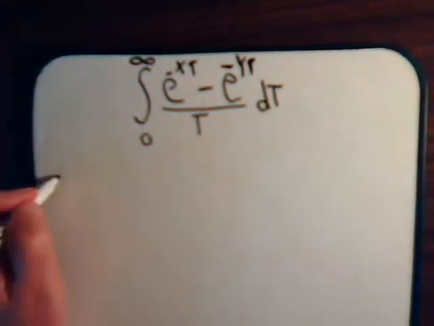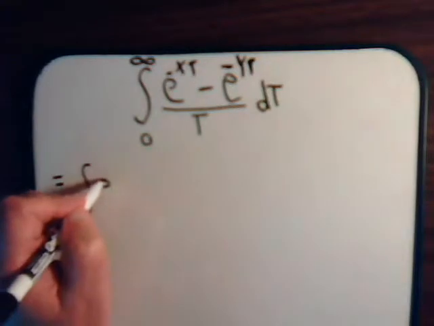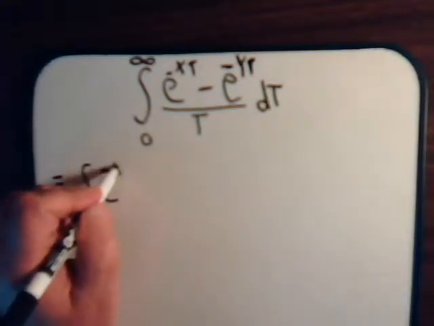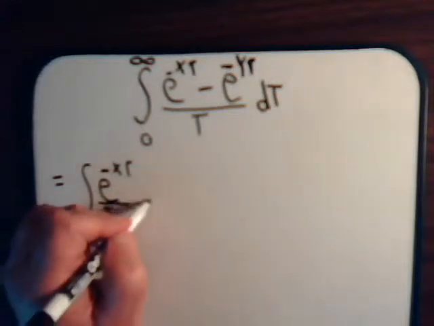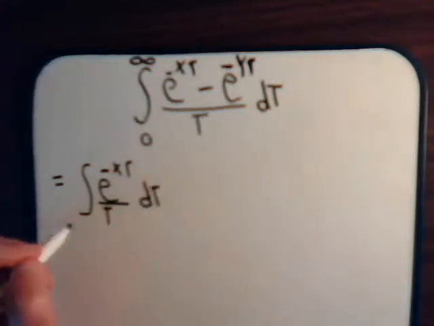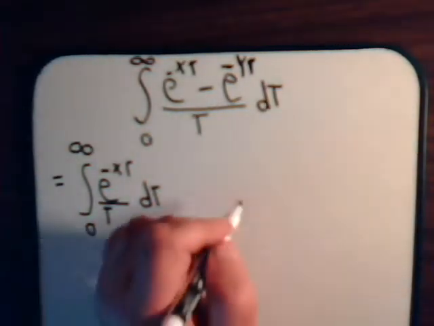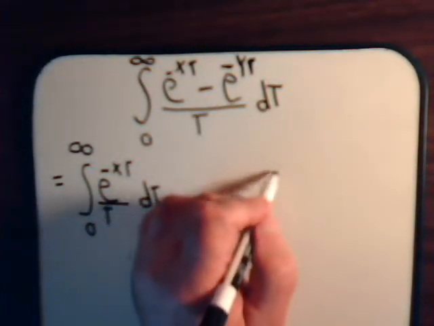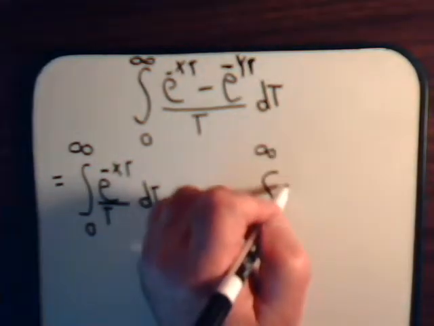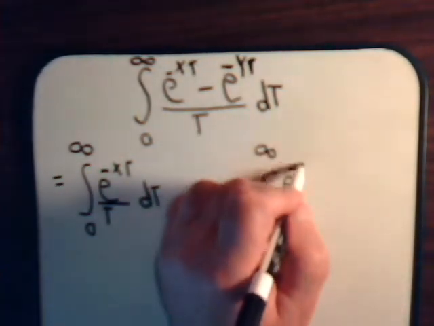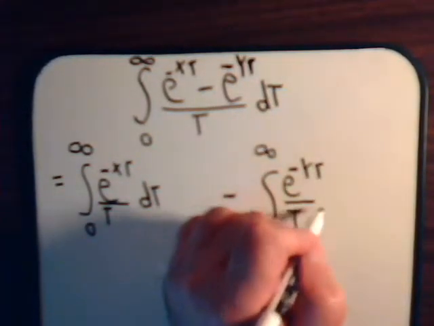This would equal the integral from 0 to infinity of e to the minus xt over t dt, minus the integral of e to the minus yt over t dt.